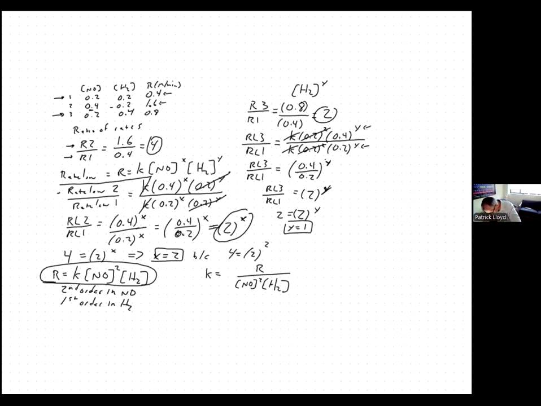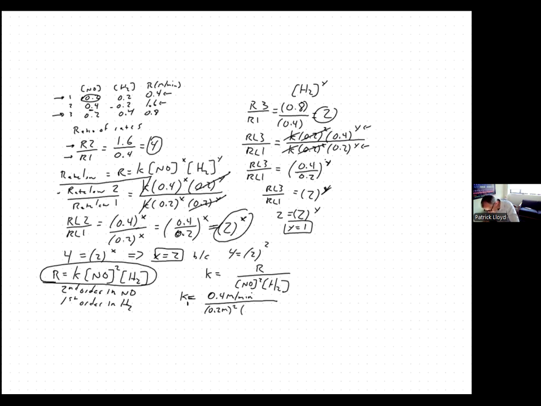So the rate constant, K, would be the rate. I'm just going to do it for experiment 1, so I'll call it K1 because it's trial 1. The rate is 0.4 molarity per minute. And then I'm going to divide that by, in experiment 1, 0.2 molar squared times 0.2 molar for the H2.